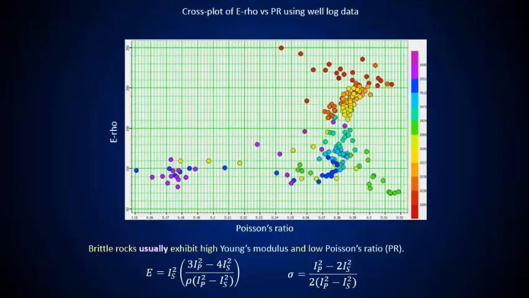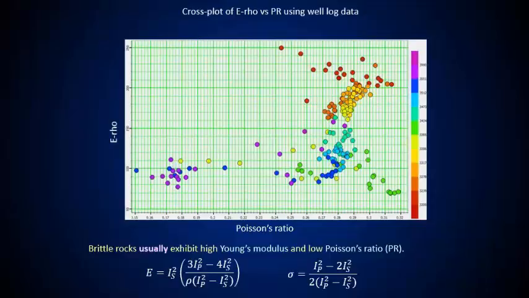If we are to find the location of pockets where we have high brittleness in shale plays, then we should be looking at low Poisson's ratio and high mu-rho or high E-rho. What we have talked about is that instead of getting mu-rho, we should be looking for E-rho, because E-rho has a much better variation than just mu-rho.